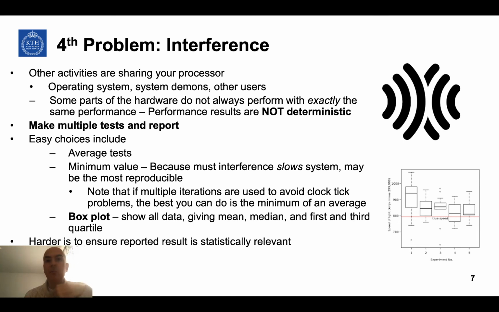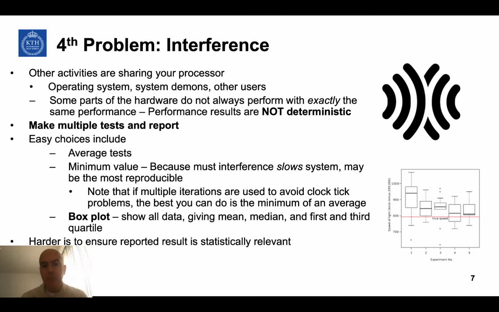So it's very important when we do a measurement that we make multiple tests and we report different figures. So what do we need to report? Easy choices include the average of our performance measurements. We can include the minimum value because the interference slows the system, so the minimum value is probably the most reproducible value to get.